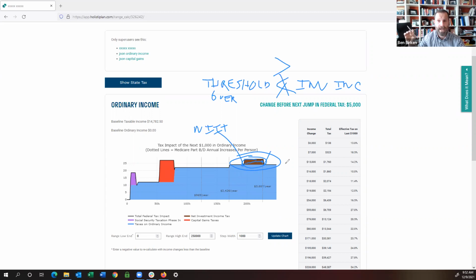You'll still have to pay it, but the 3.8% tax is going to be applied to the investment income bucket, which by nature of range calc is being held static, right? Because in this chart, we're not changing how much qualified dividends or how much capital gains you're being hit with. That's held static. So once we hit this point and we see this change from which one is the lesser, adding more ordinary income won't change that NIT calculation.